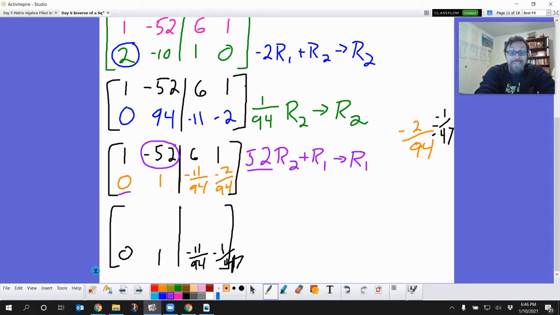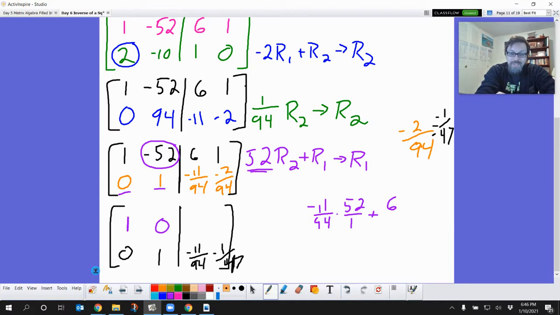52 times 0 is 0, plus 1 is still 1. 52 times 1 is 52, plus negative 52 is 0. Then we've got this negative 11/94 times 52 plus 6.